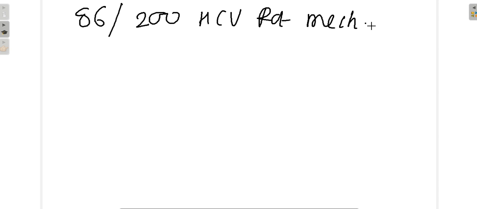There is a solid sphere rolling on a rough surface with a linear speed v. It collides elastically with a wall. So this is a wall.